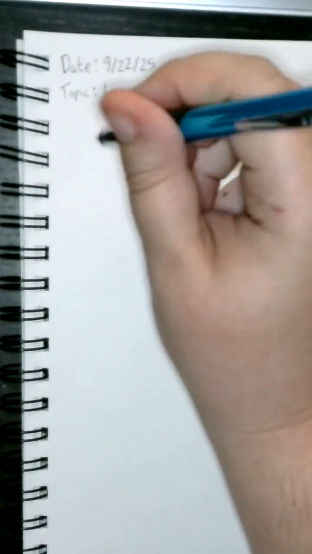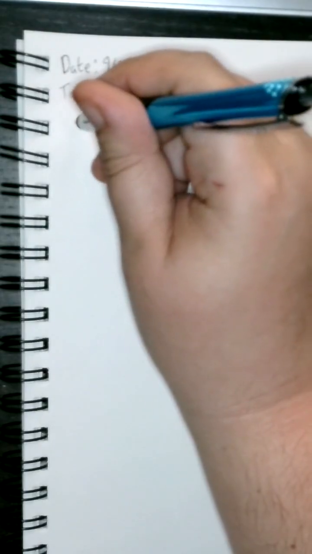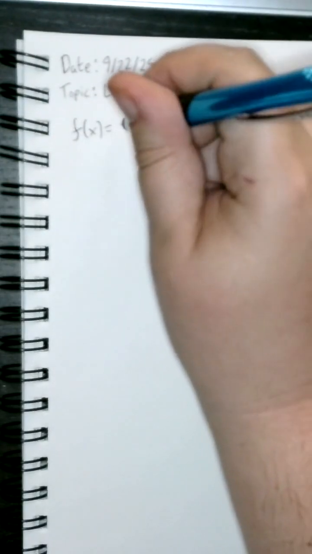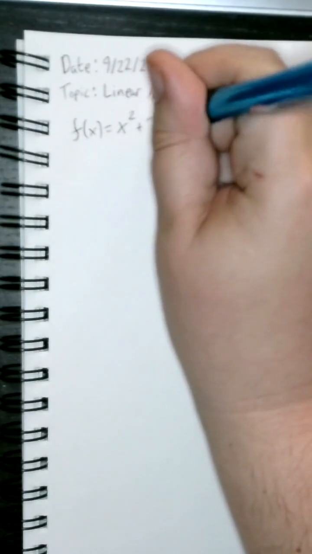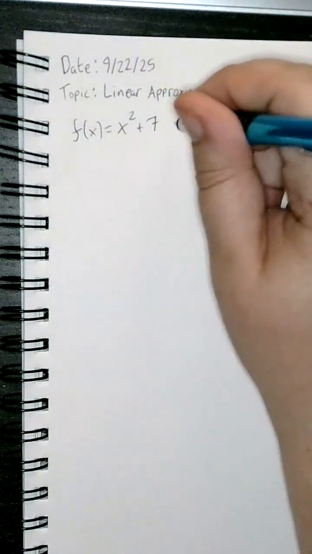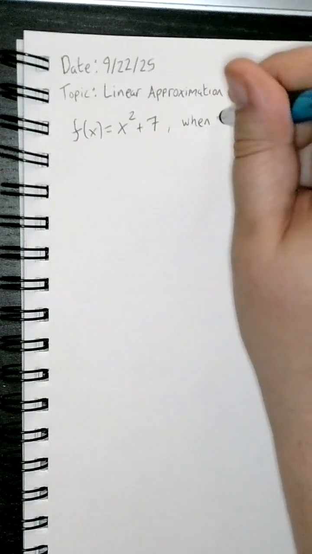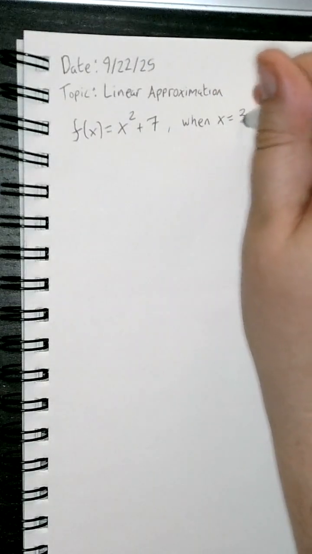So, what does linear approximation look like? Suppose that I want to find the value of a function at a point. Let's say I want to find the value of f of x equals x squared plus 7 when x is equal to 3.01.